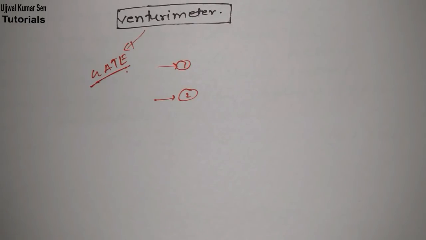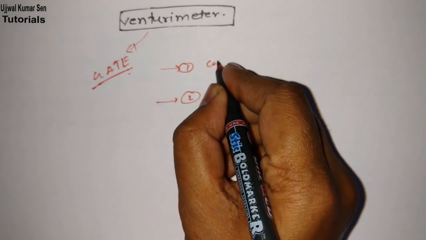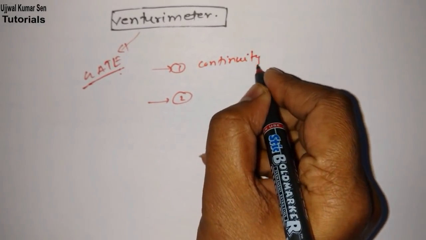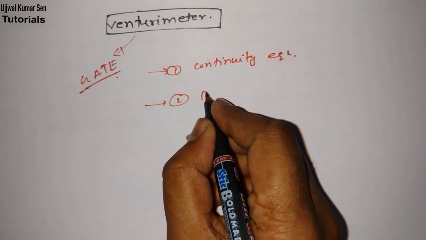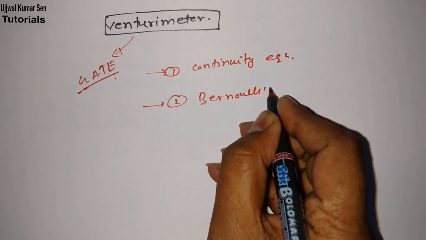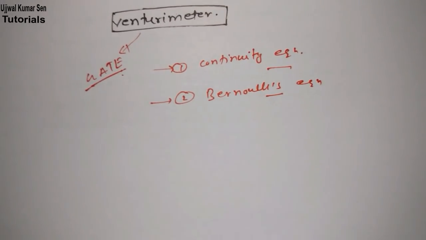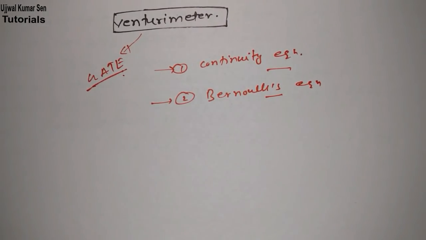Those are the continuity equation and second is Bernoulli's equation. If you know these two equations, then you can easily solve a problem related to the venturi meter. I have already shared the derivation of the continuity equation as well as Bernoulli's equation, but in this tutorial I will share how to solve numerical problems related to the venturi meter.